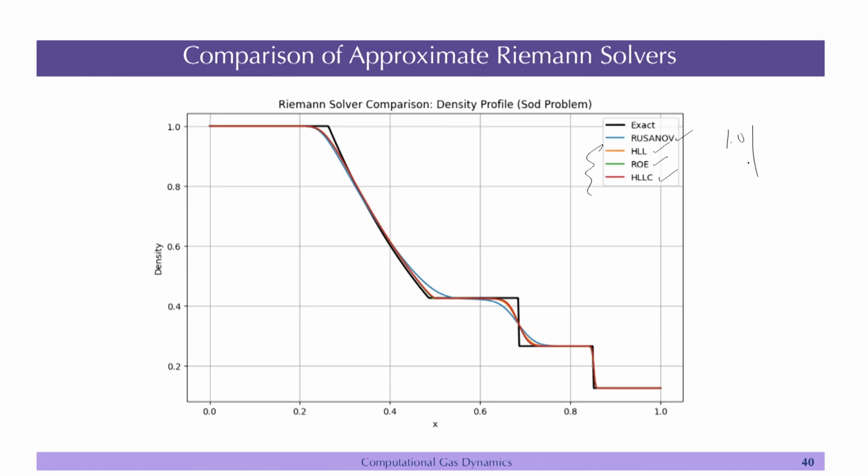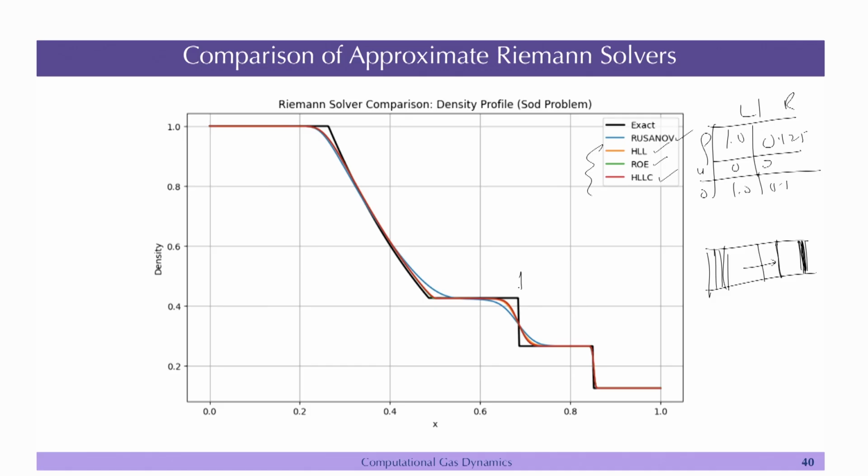So, I think rho is 1 and 0.125, and P is like 1 and 0.1, okay, and velocity is 0, this is left and this is right, and with time it moves on to the right. So, this will be a shock, and this will be an expansion fan, and this will be a contact discontinuity, right. So, once again this is the contact discontinuity, this is the expansion fan, and this is the shock, okay, and you can see that in the density you can see all the features. If you look at velocity or pressure, then you won't have this feature, right.